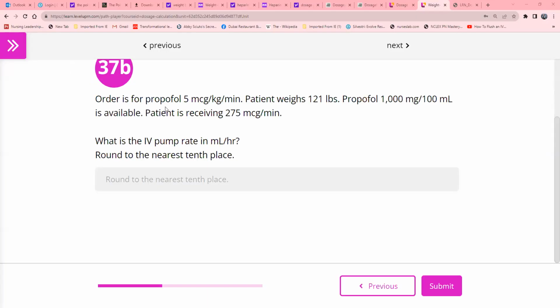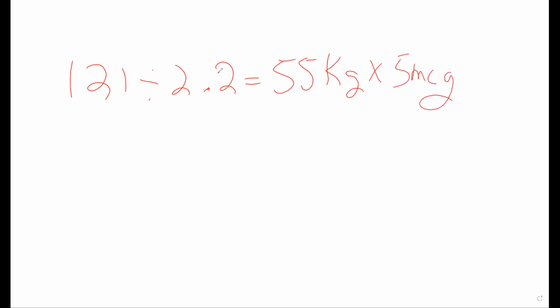Okay, so we had a weight of 121. Our order was for 5 micrograms.